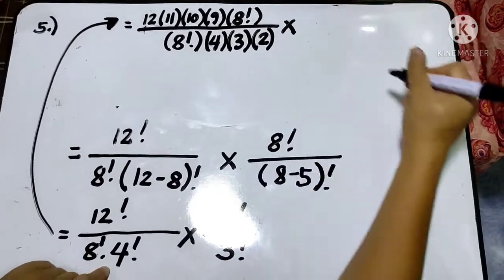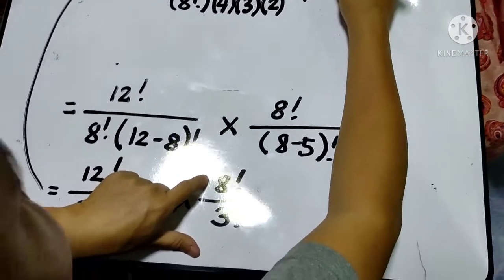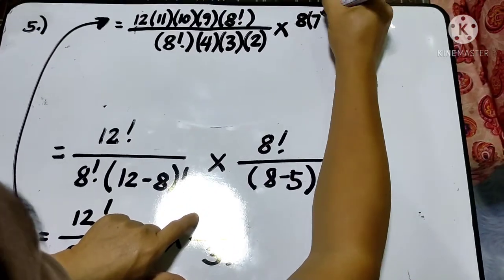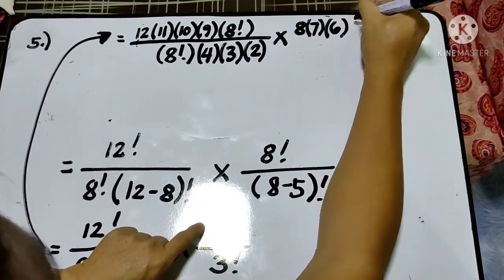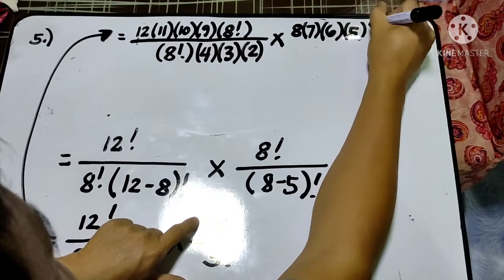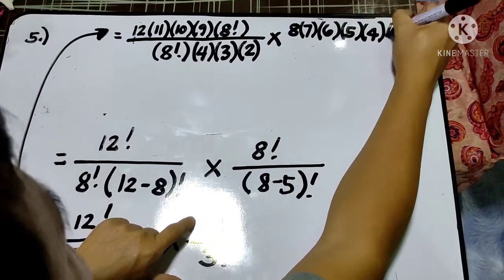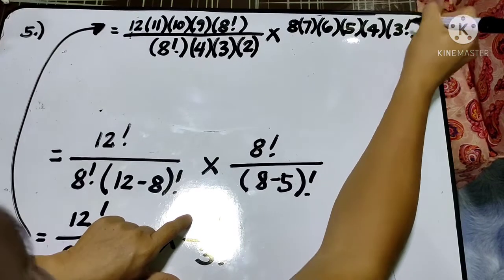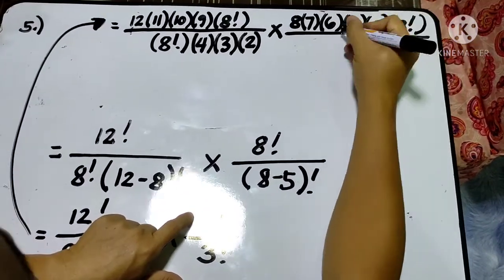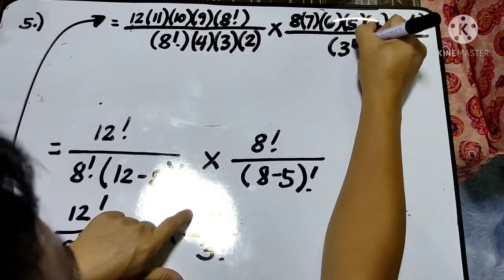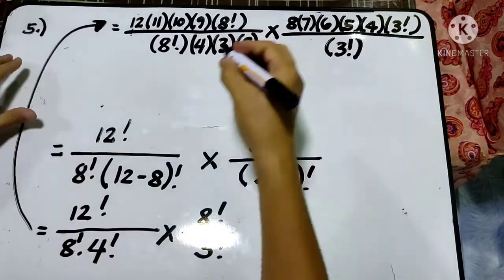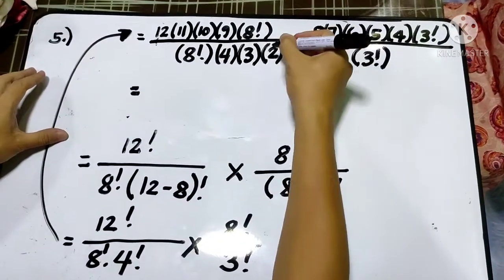Then times 8 factorial is 8 times 7 times 6 times 5 times 4 times 3 factorial over 3 factorial.